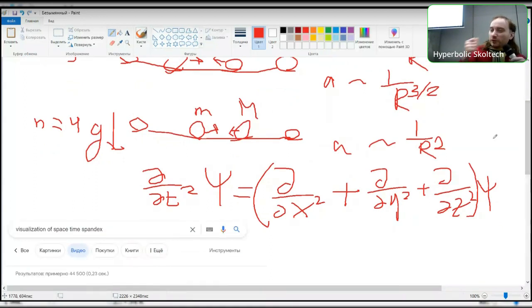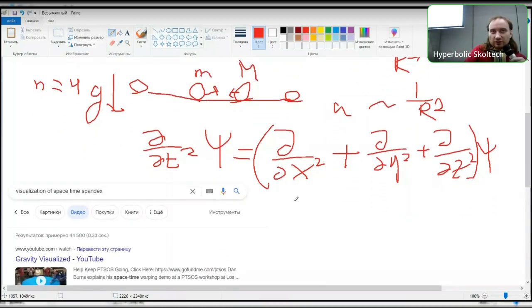I am not sure how it is related to hyperbolic geometry itself. However, for example, we can take the Fourier transform of it and get something like this.